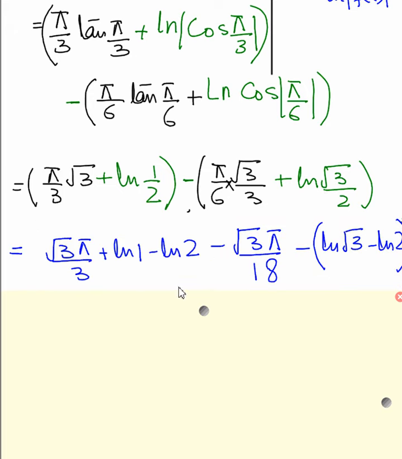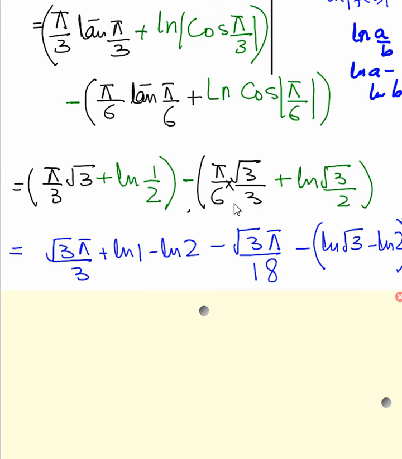And after that, I'm simply opening and expanding it. ln 1 upon 2 means ln 1 minus ln 2. I hope you remember the basic ln things, which is like ln a over b is actually equal to ln a minus ln b. So I'm applying this quotient rule formula here. And then I'm simply applying the same thing here.